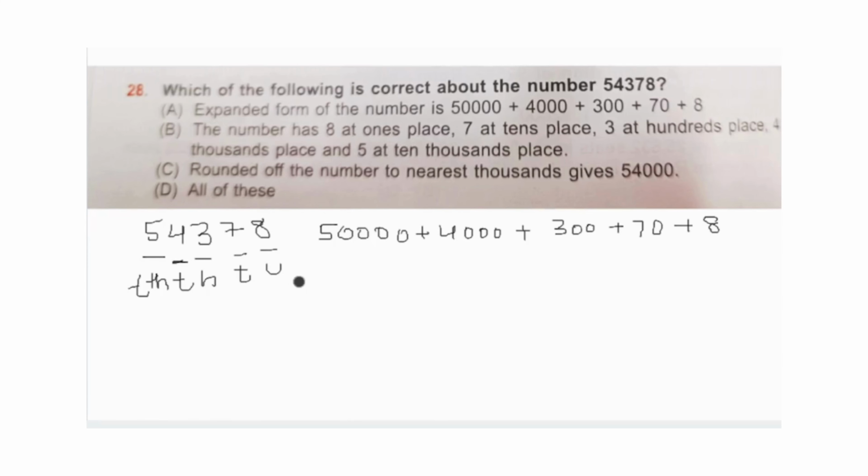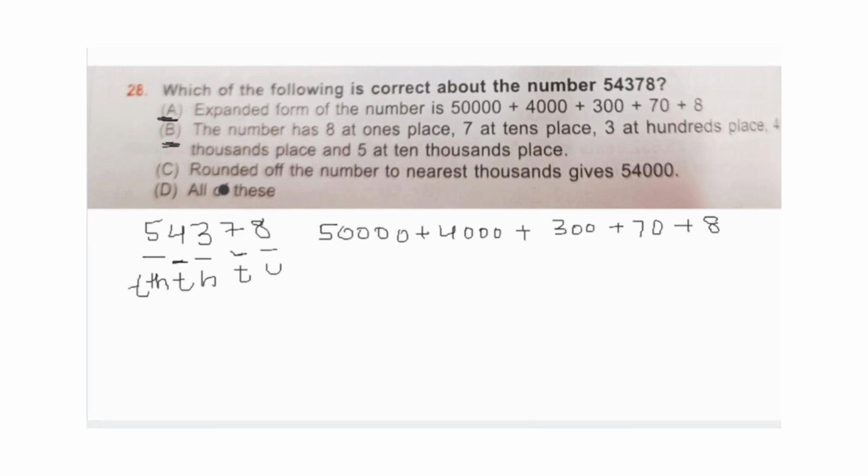Now let's see option B. Option B says the number has 8 at ones place, which is true. 7 at tens place, yes, you have 7 at the tens place. 3 at hundreds place, which is also true. 4 at the thousands place, and 5 at the 10,000s place. So even option B is correct.